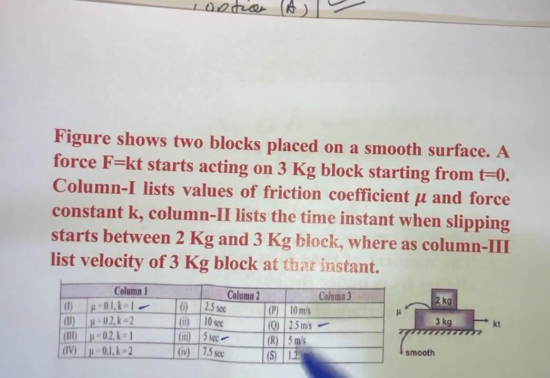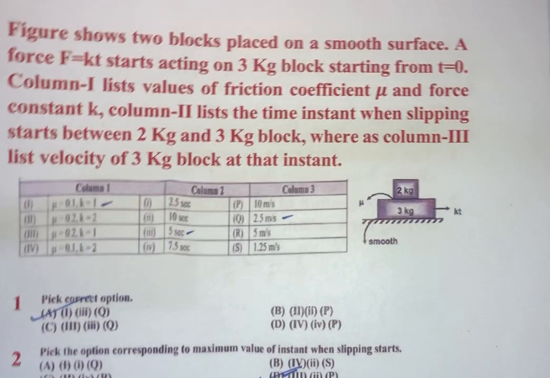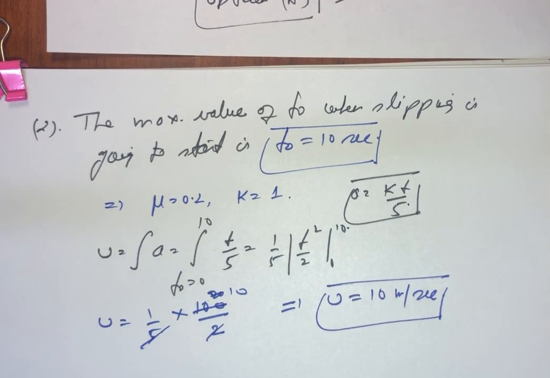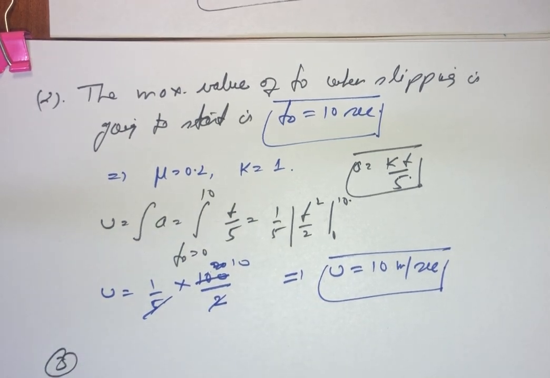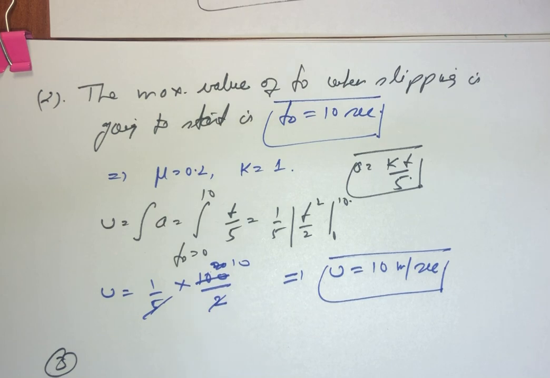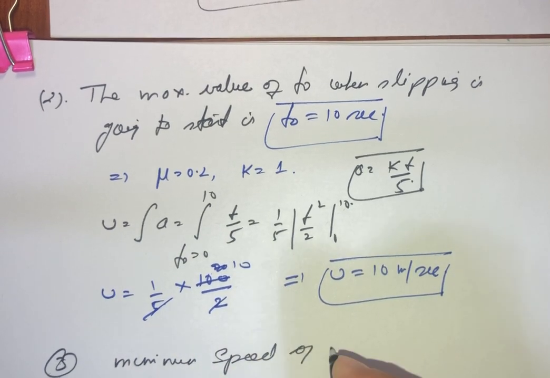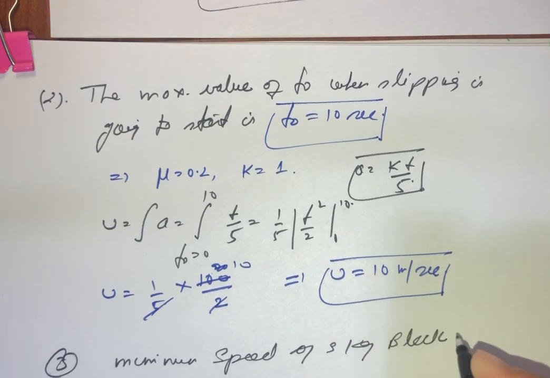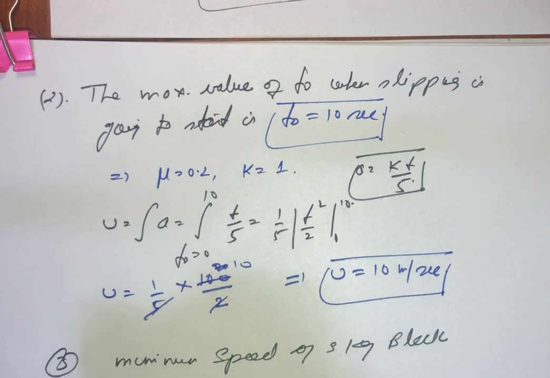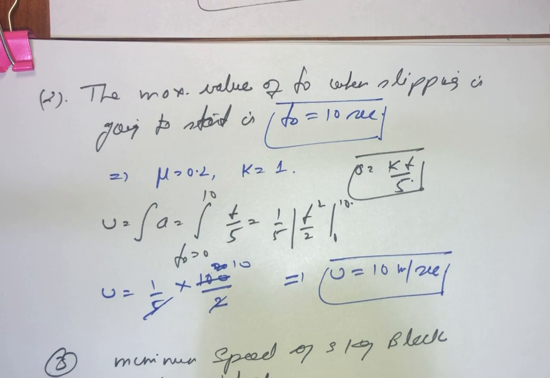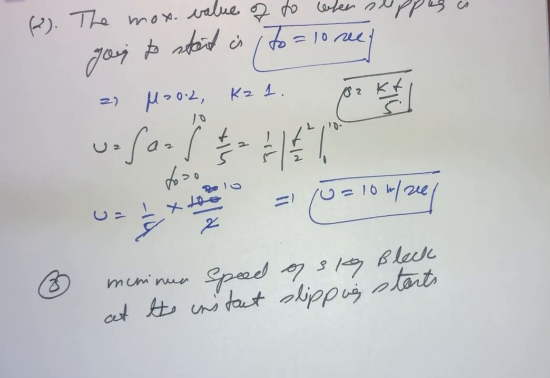From the table itself, we can find the minimum value of the velocity when the slipping is going to start.